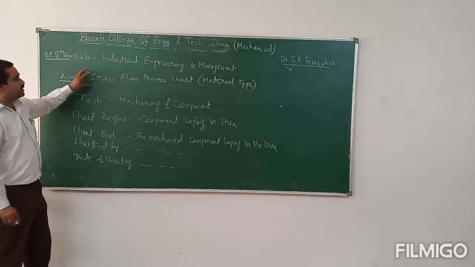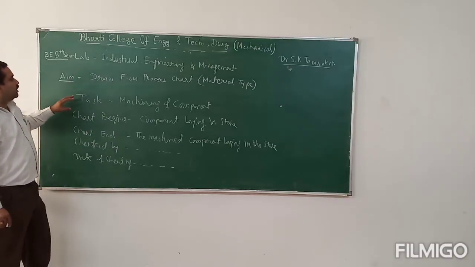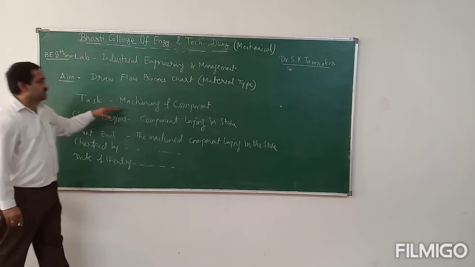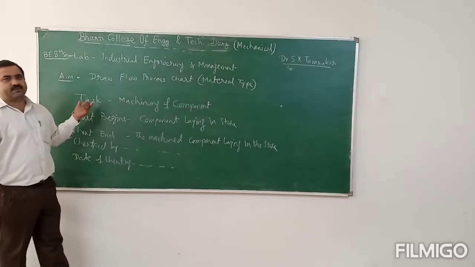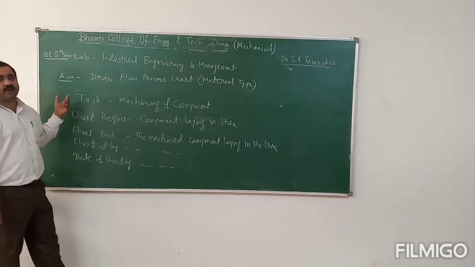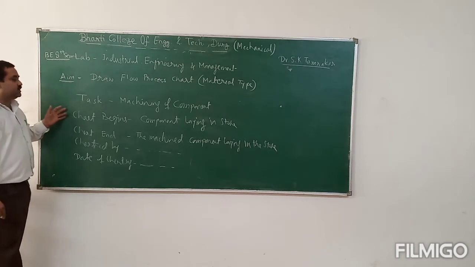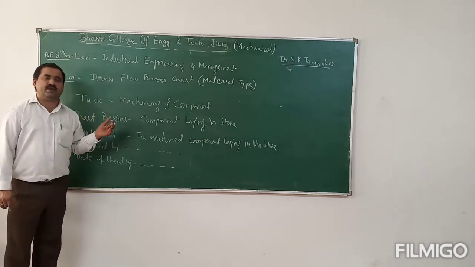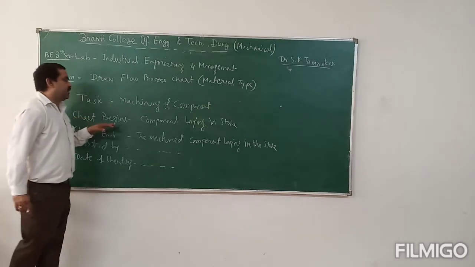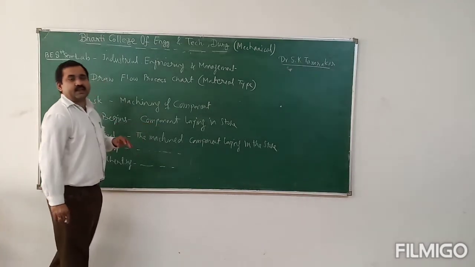On the top of this flow process chart, we have to mark the task, that is the machining of the component. Some different tasks can also be written here for different types of work. Then chart begins: from where the chart begins. This chart begins from the component lying in the store.